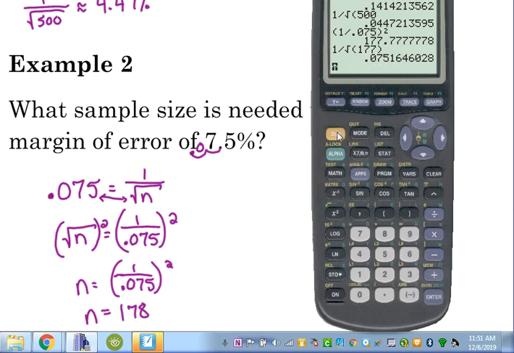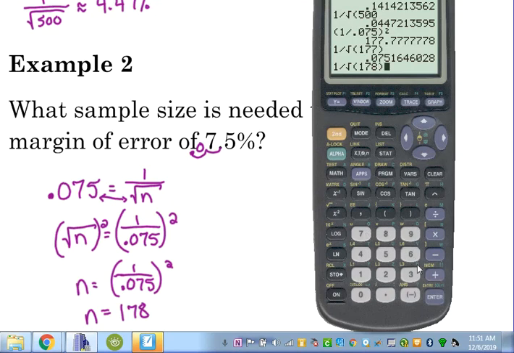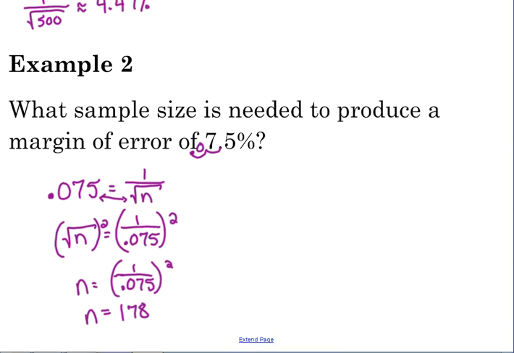That one is enough. But we just want to round up. You want to round up every time, because sometimes if you go down, it won't be enough. So if we go up to 178, we get 7.495. That would round up to 7.5%. So 178 is our answer here.